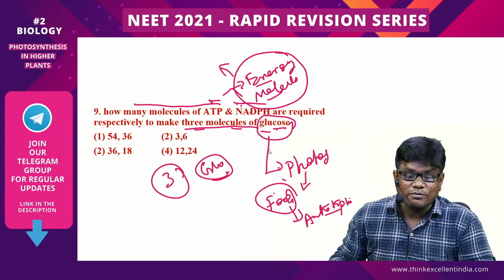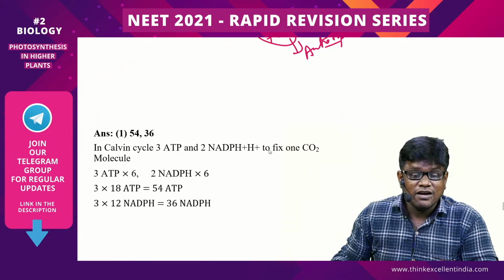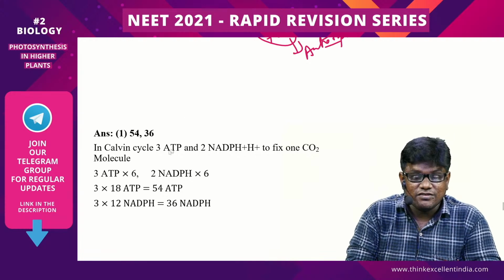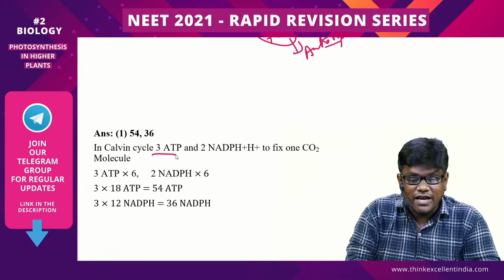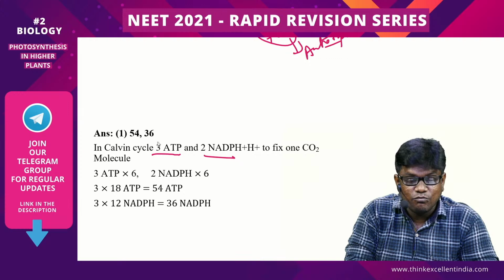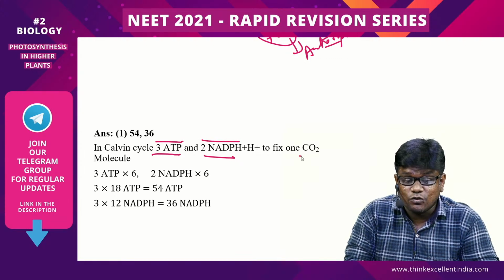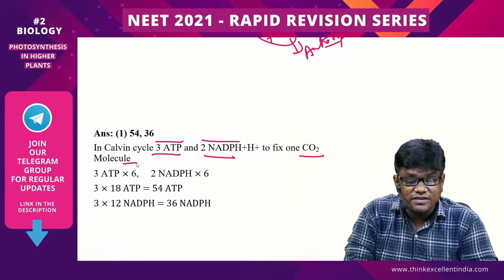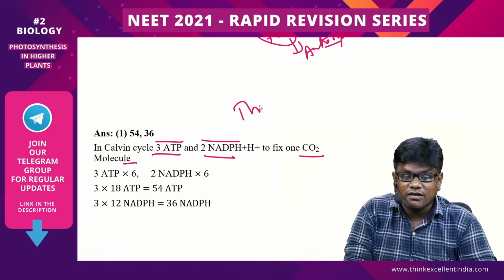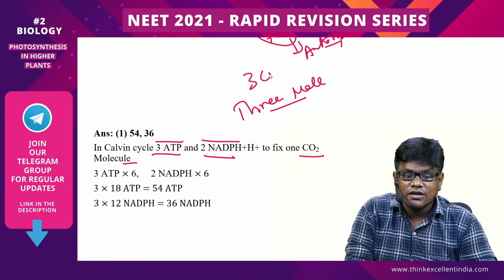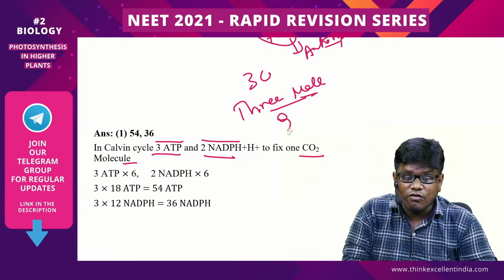See, you have to be very clear. 3 ATP and 2 NADPH are required, 3 ATP molecules and 2 NADPH molecules, for fixing 1 CO2 molecule. But here the question is 3 molecules. 3 molecules of what?